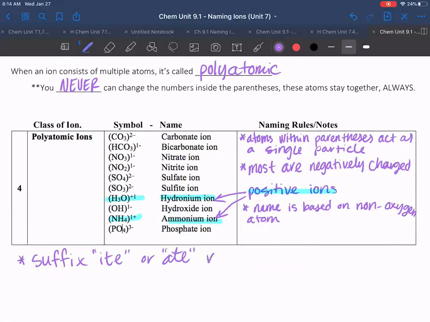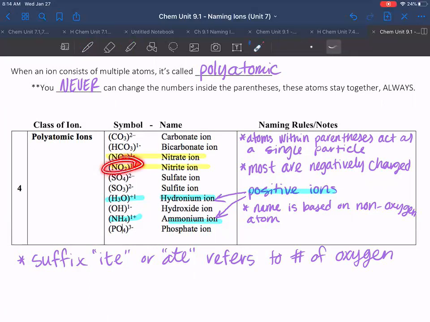And this refers to the number of oxygens. For example, if we look at nitrate and nitrite, notice that the nitrite one, NO2, has one less oxygen than nitrate, which has NO3.